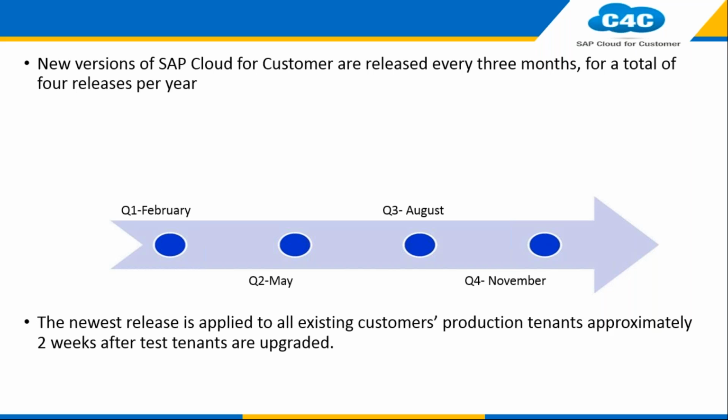suggests that after the upgrade of a tenant, a customer should test the overall scenarios, if those scenarios have any dependency on the functionality which has been upgraded or added in the current release.